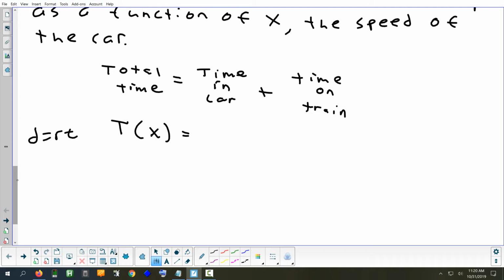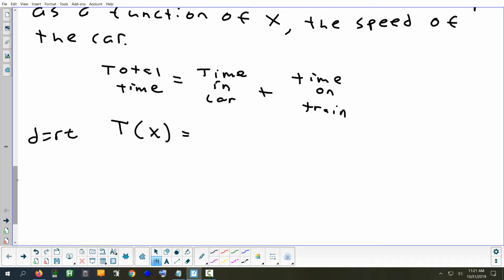Chris? Do you want radius divided by distance? No. Anyone else have a thought? How do you get t by itself in that equation? Brandon?